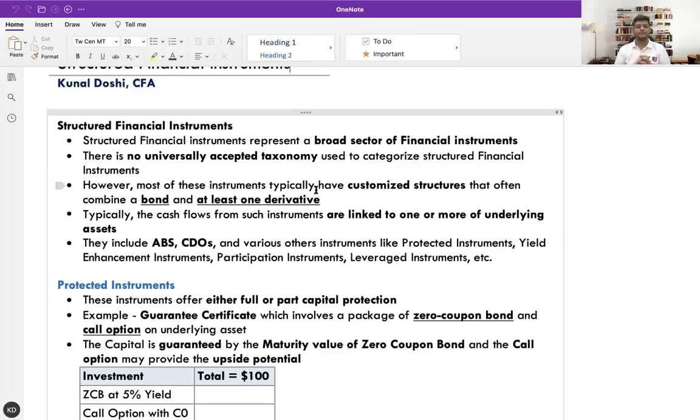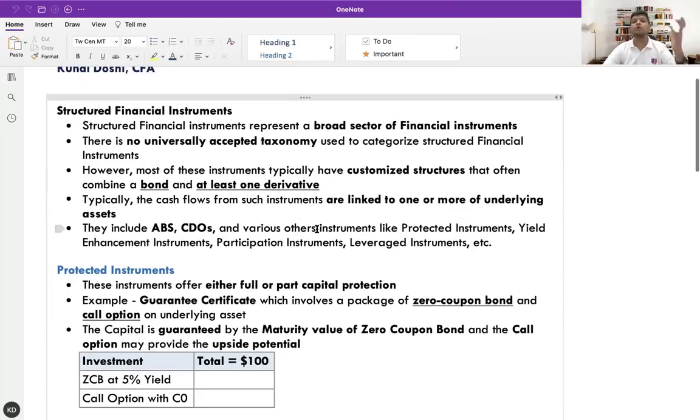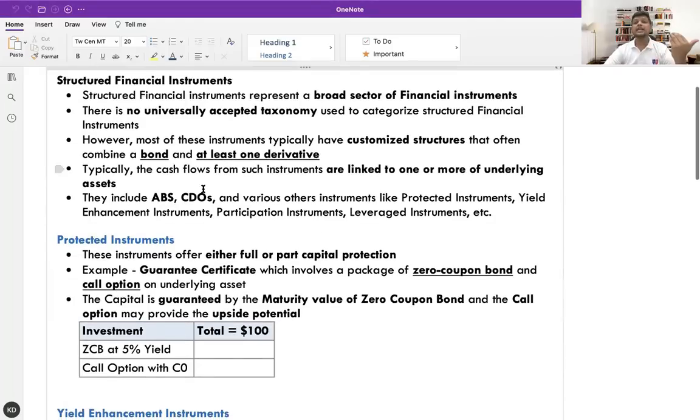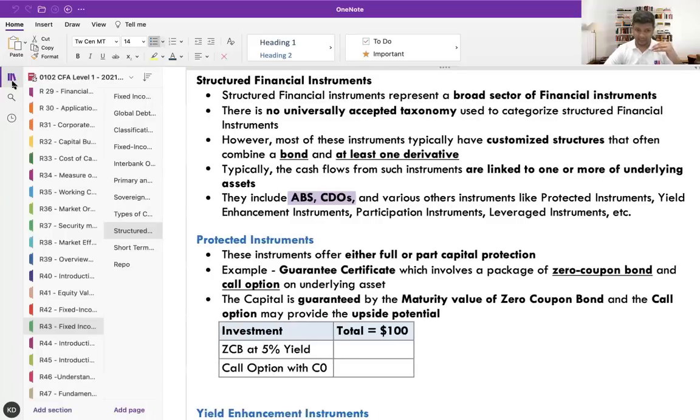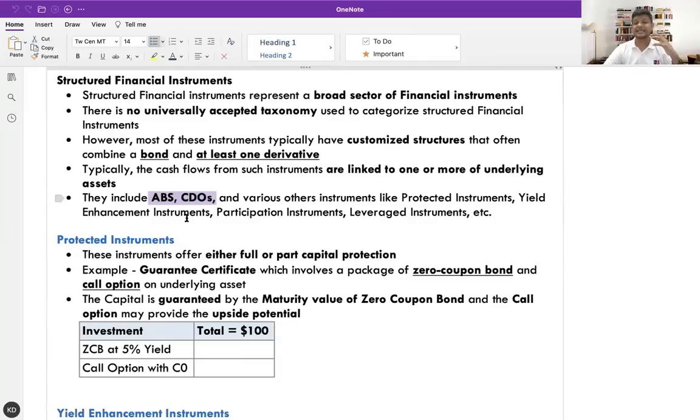Are you getting it? The typical cash flows from such instruments are linked to one or more underlyings. They include ones like ABS, asset-backed securities, and CDOs, collateralized debt obligations. Well, we have not discussed ABS and CDOs. We will be discussing that in the topic of securitization, where I'll discuss at length what asset-backed securities are.